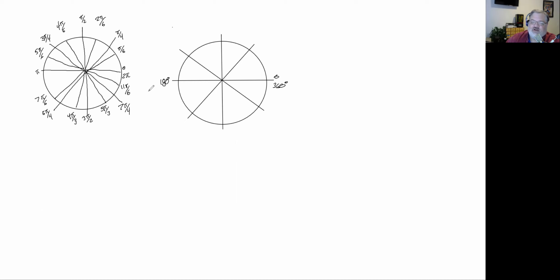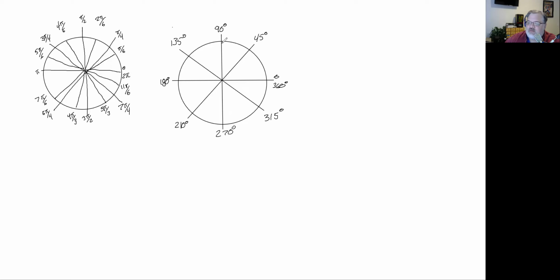So 180 degrees and pi radians are the same measure. And then half of that's 90 degrees. A quarter of that, that's 45 degrees. 45, 90, another 45 to 135 degrees, and so on along the circle. These are the angle measurements that we are relatively familiar with, depending on your background.